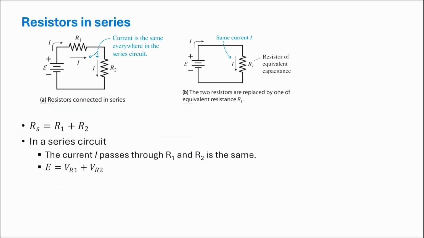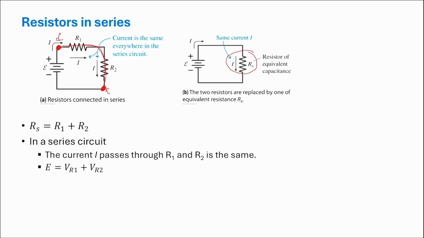Here we have 2 resistors connected in series. Look at this point and this point. These 2 nodes here, there is only 1 branch. The 2 nodes are the beginning and the end of these 2 resistors, but there is only 1 branch, so they are connected in series. Now we want to find a so-called equivalent resistor.